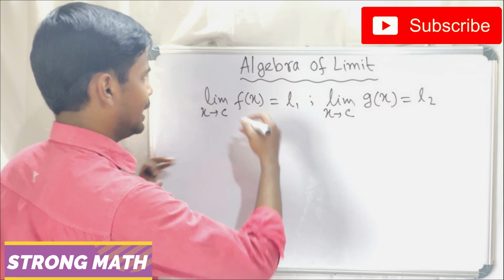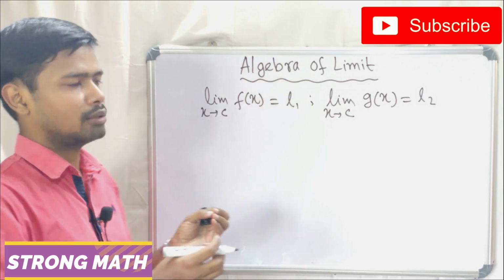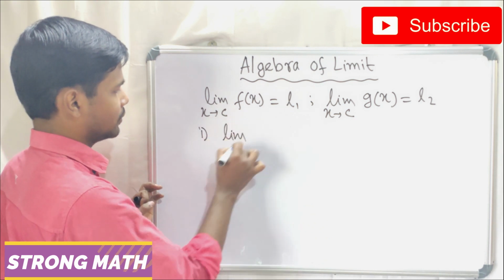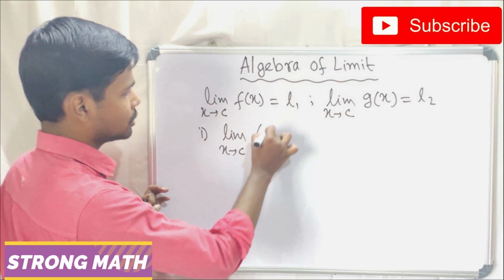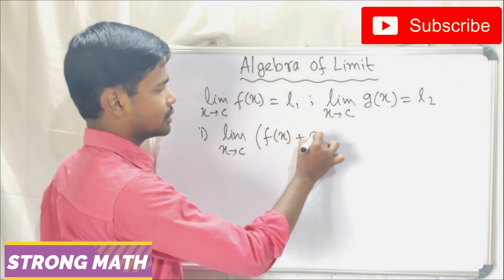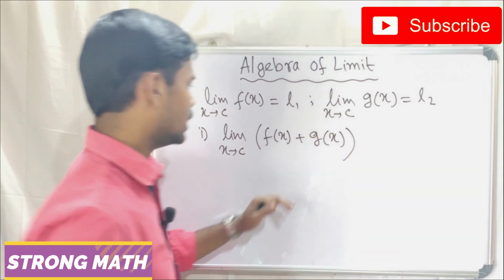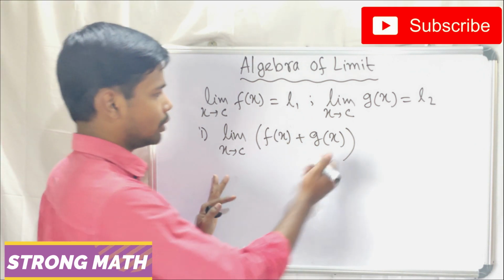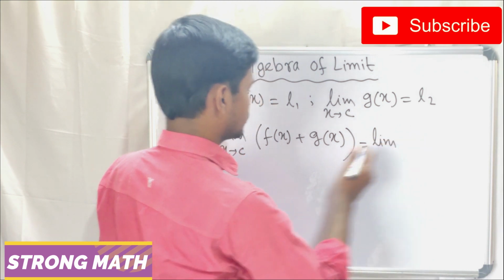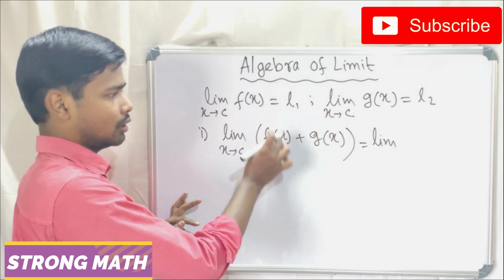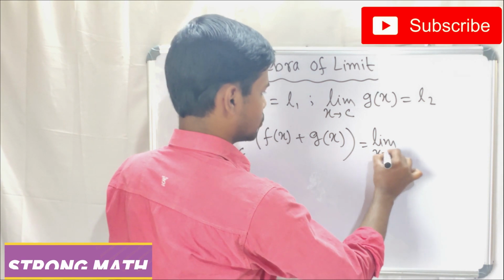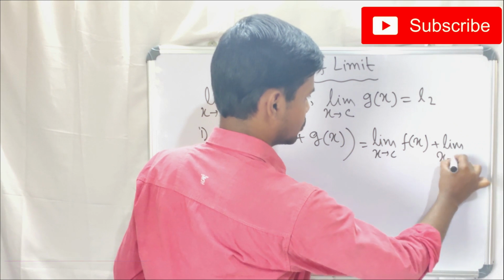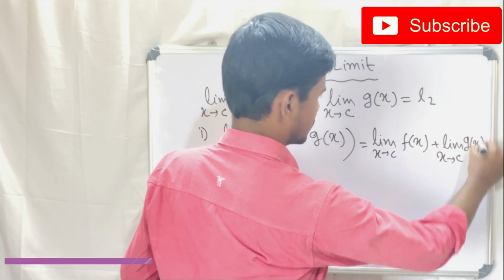Now the algebra of limits gives us some laws or rules. Number one, if we add them, that is the limit as x tends to c of f of x plus g of x, we are taking the summation of these two functions, then this equals the sum of the limits of the functions respectively, that is the limit as x tends to c of f of x plus the limit as x tends to c of g of x.